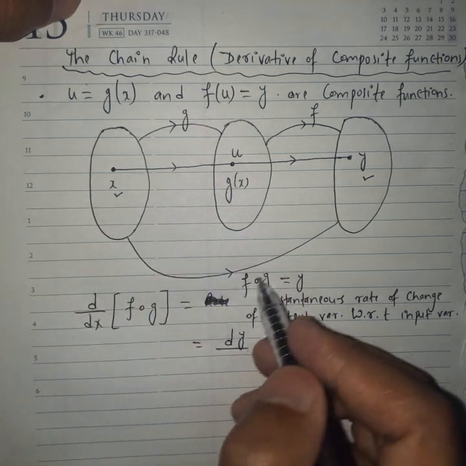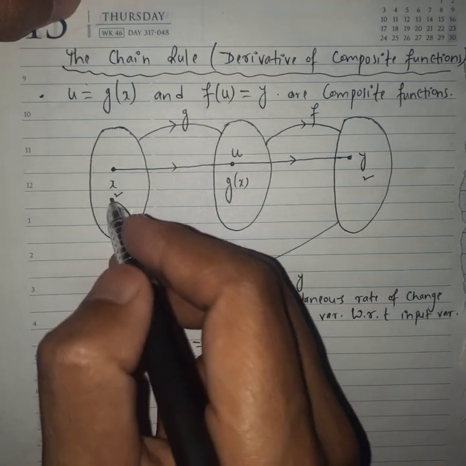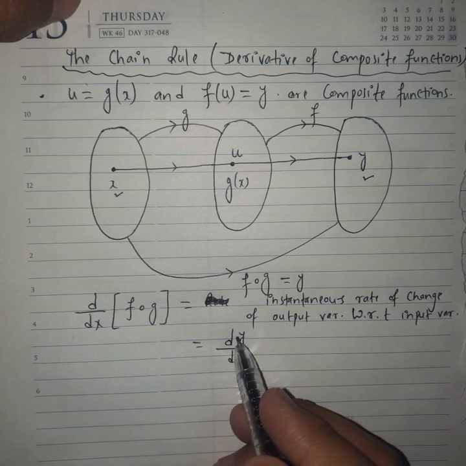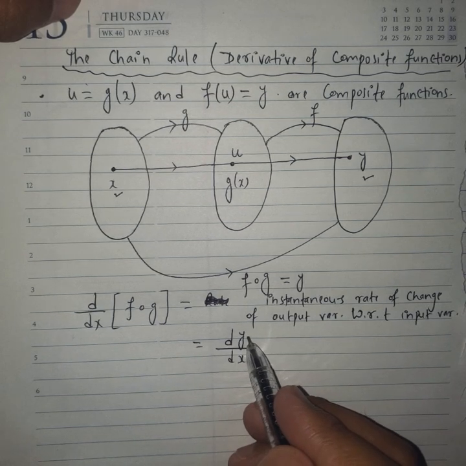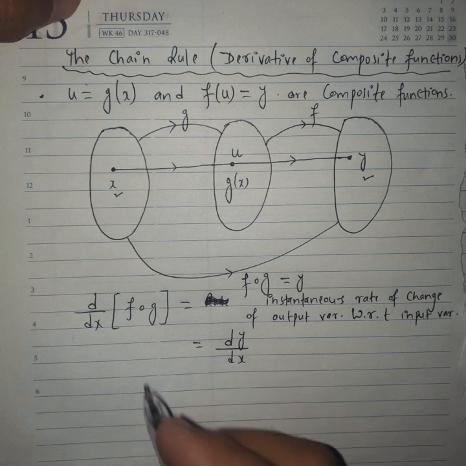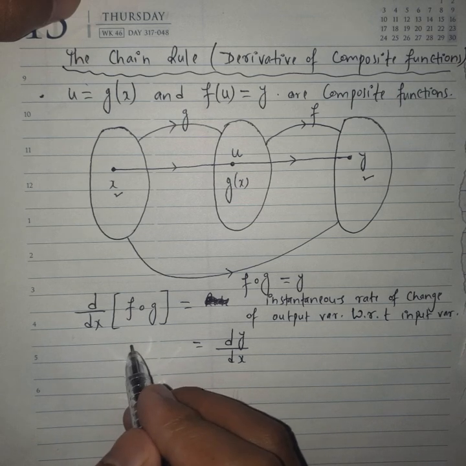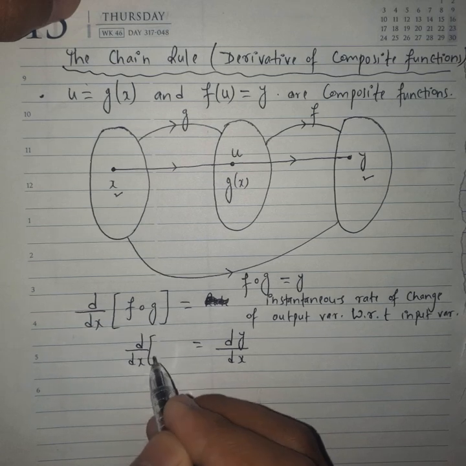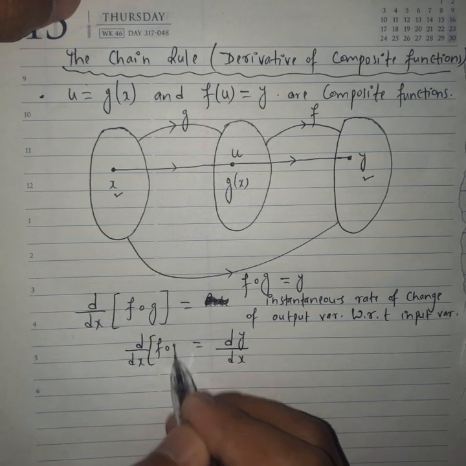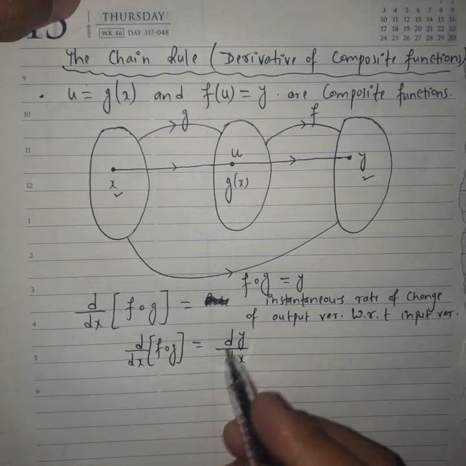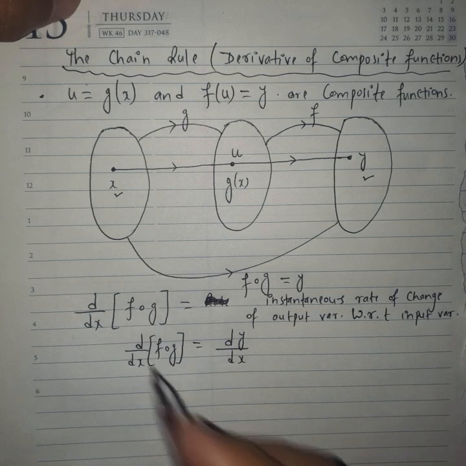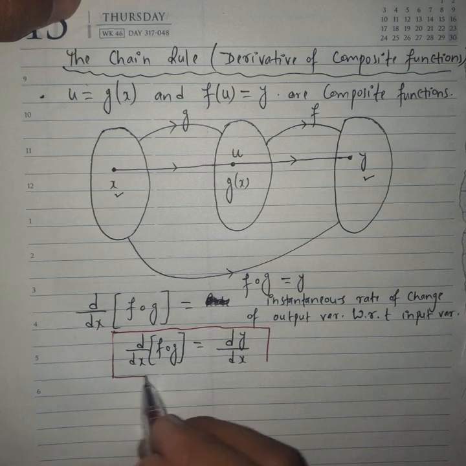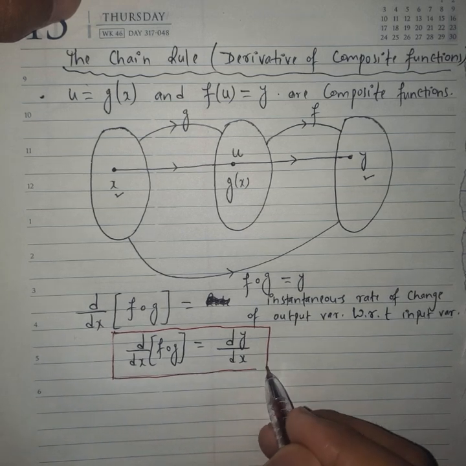The input for this composite function is x. So it is just dy by dx, the instantaneous rate of change of y with respect to x. So we can write the derivative of the composite function f composite g equals dy by dx. dy by dx is the derivative of the composite function.